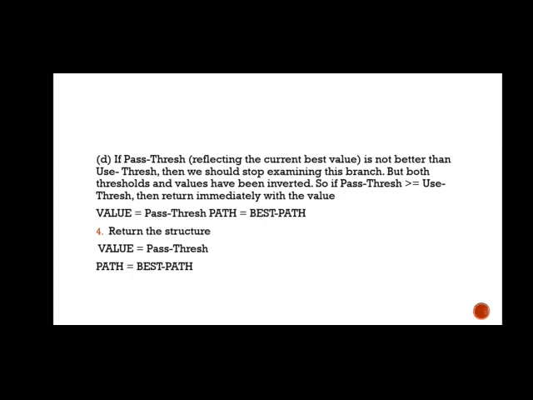So the idea behind the alpha-beta procedure can be extended to cut off additional paths that appear to be at best only slight improvements over paths that have already been explored.